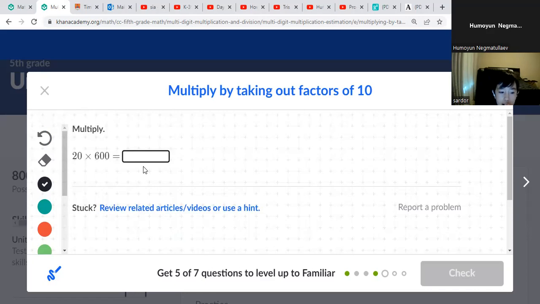Oh, I know this. Just calculate the 2, calculate the 6, and then put the zeros after this 12.